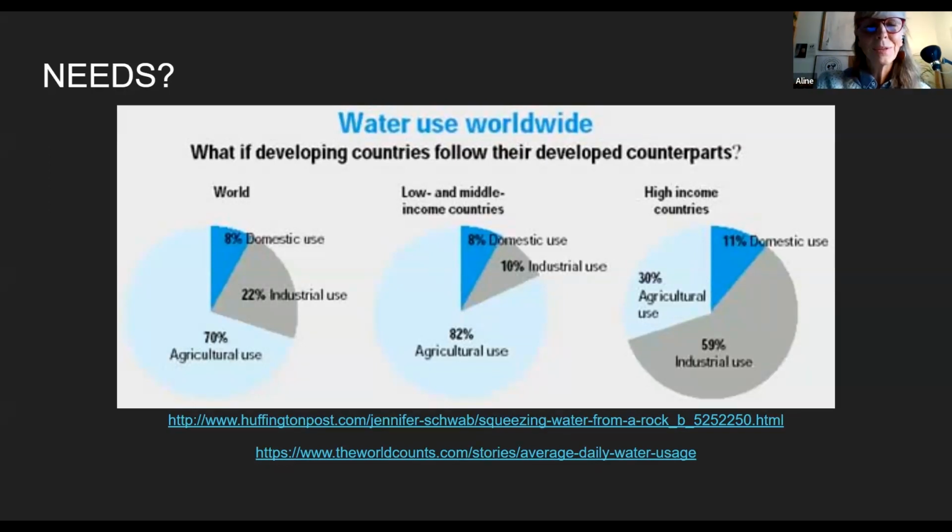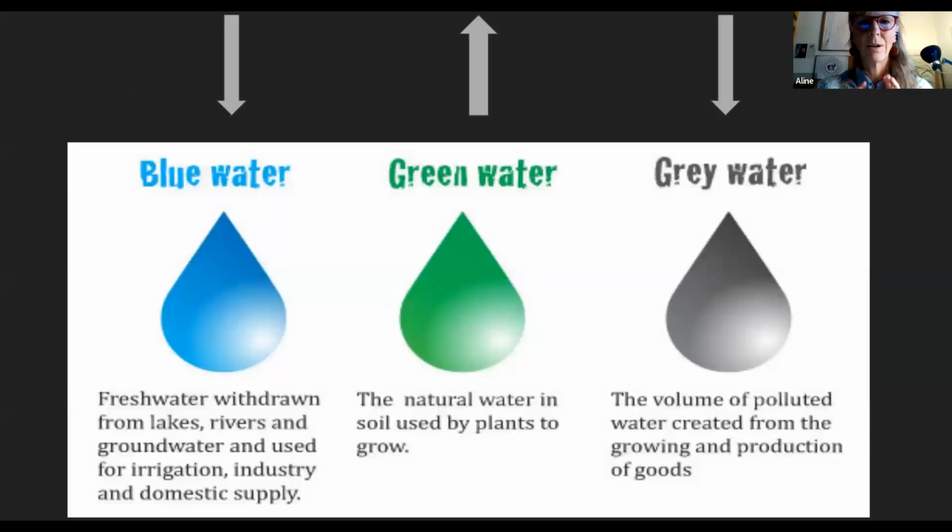The bigger use is in industry and in agriculture. Now it depends on where in the world you are, which of the two are the top users of water in your area. But overall, globally, we can see that agriculture actually uses more water than industry. Still, it doesn't matter which of the two uses more water. What matters is that we can actually decide that they need to be using less water.